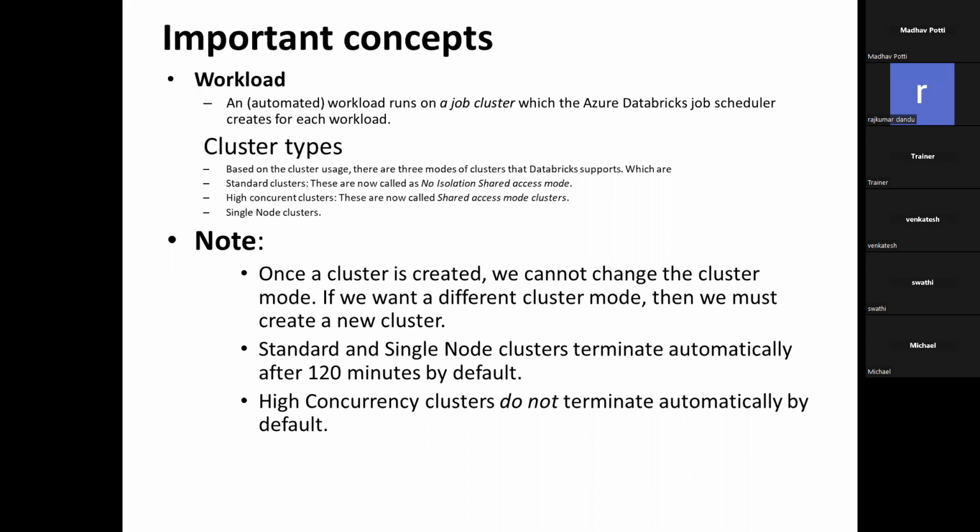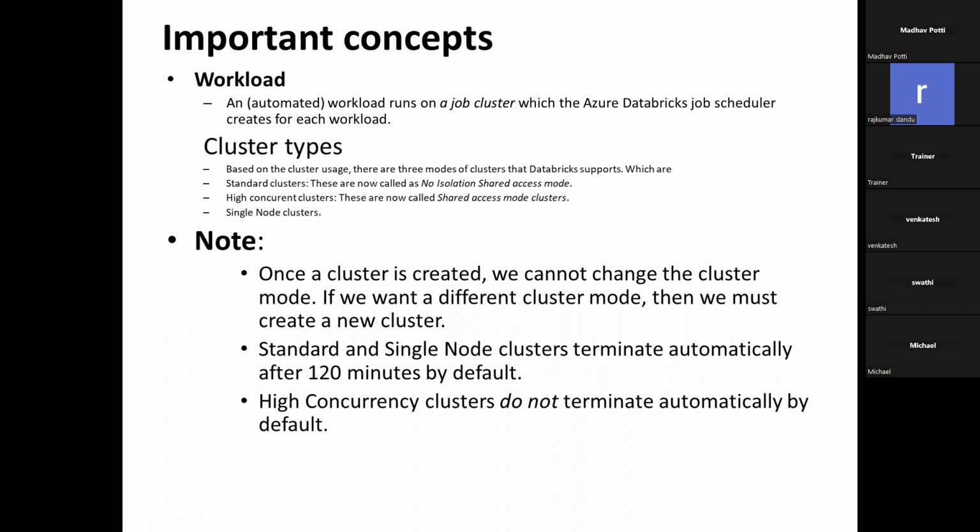Okay, so what I'm saying is, if you want to change the cluster type, you can't change it once the cluster is created. The only option available is you can create a new cluster and then delete the existing cluster. And standard and single node clusters you can configure so that by default, after 120 minutes they are automatically terminated.